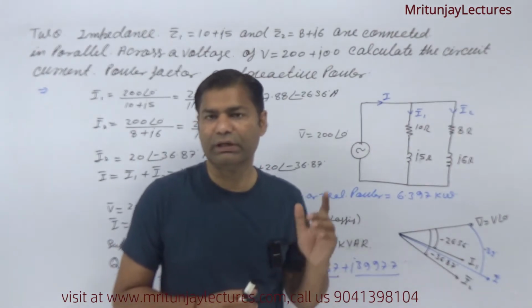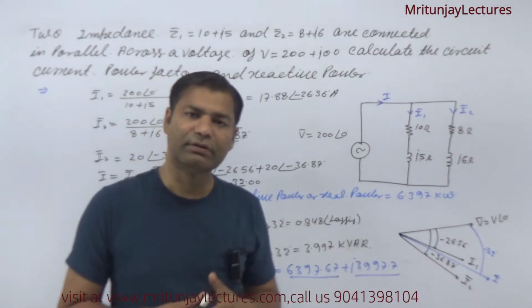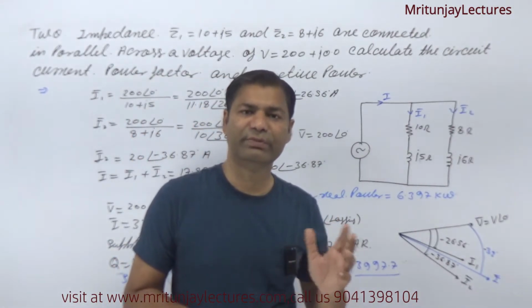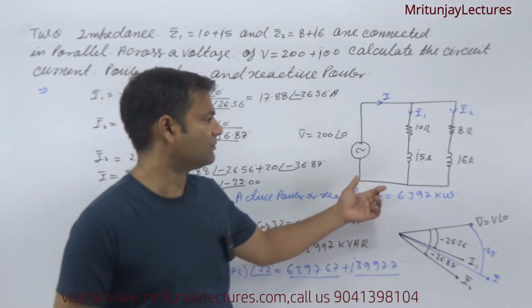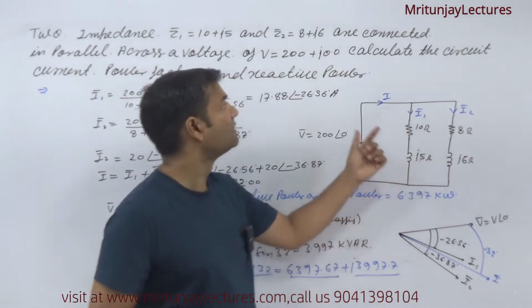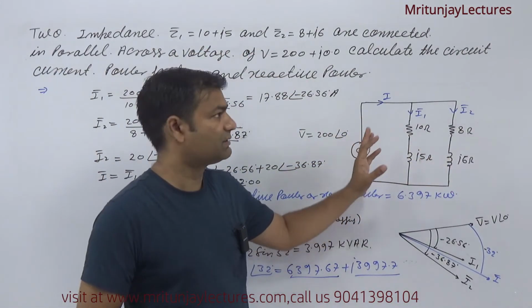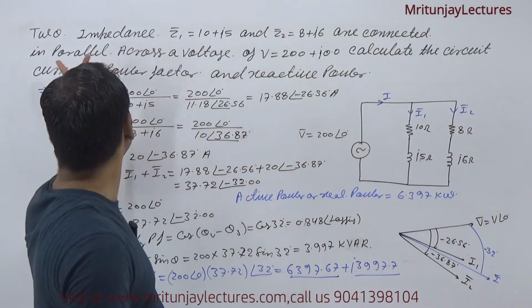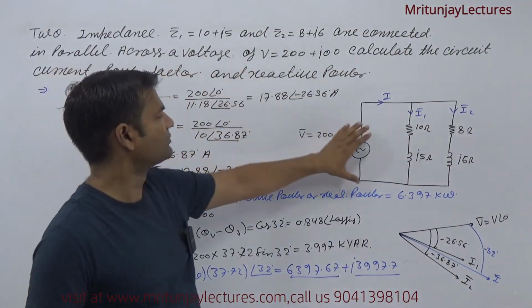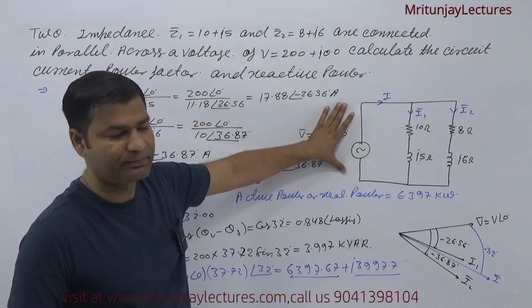So how can we determine these? First of all, according to the question, make the circuit diagram like this one. Z1 and Z2 are in parallel, so make it like this one, connected in parallel across the supply voltage. Clear?